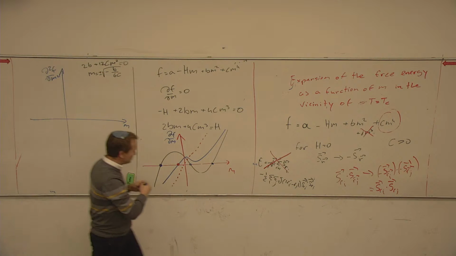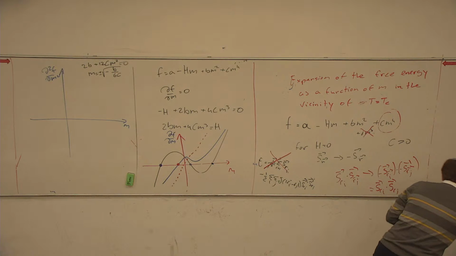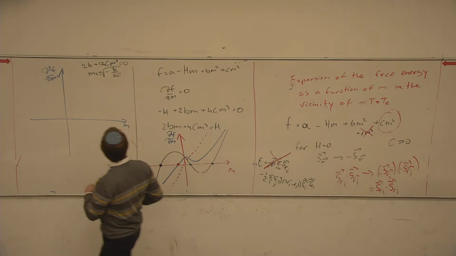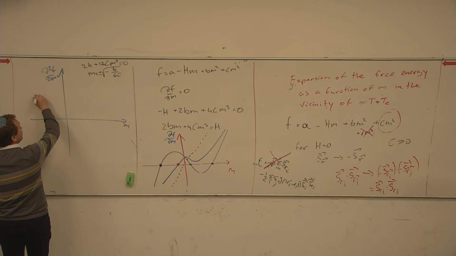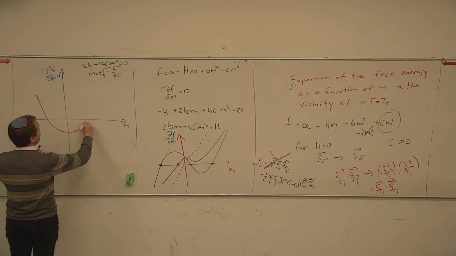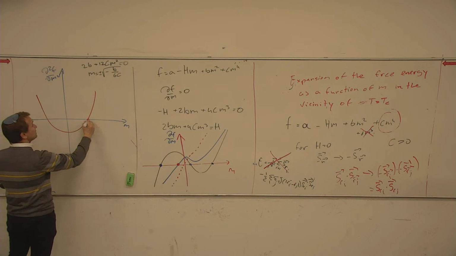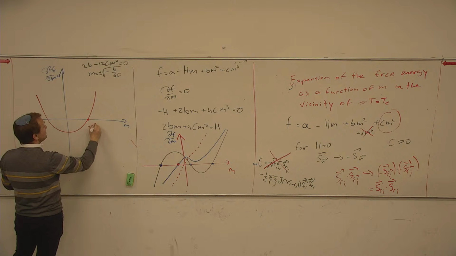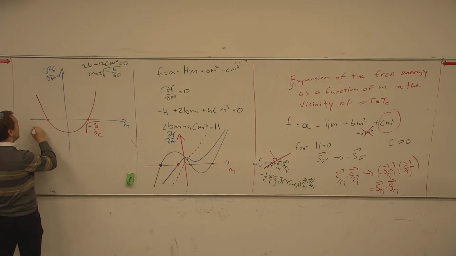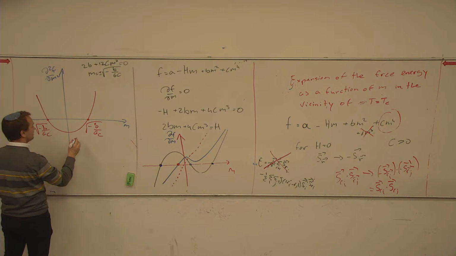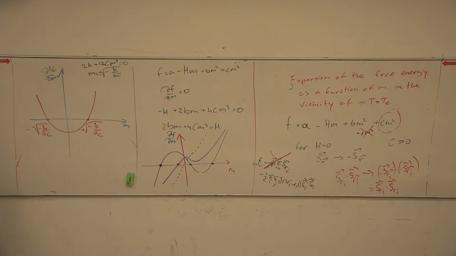Those two points are minus and plus the square root of minus b over 6c.